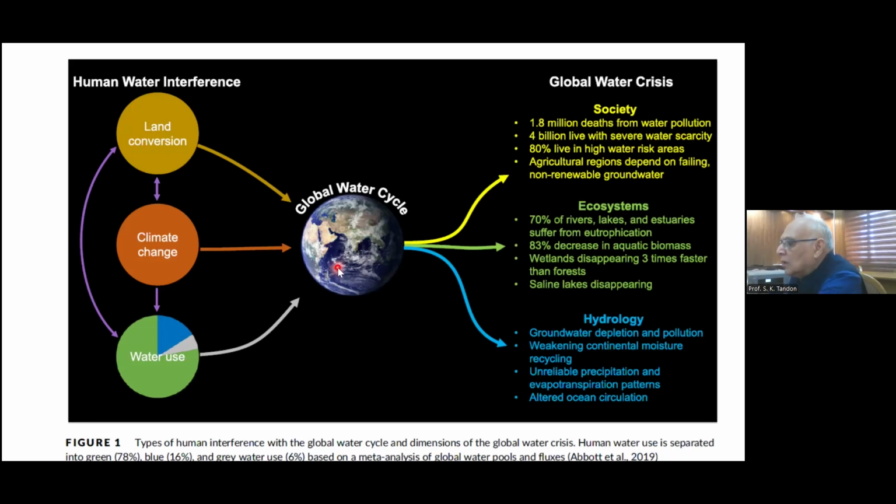I'm just illustrating one of those 9 planetary boundaries. You can see how society is being impacted negatively: 1.8 million deaths from water pollution, 4 billion live with severe water scarcity, 80% live in high water risk areas, and agricultural regions depend on failing non-renewable groundwater. And there are ecosystem problems and other hydrology problems.